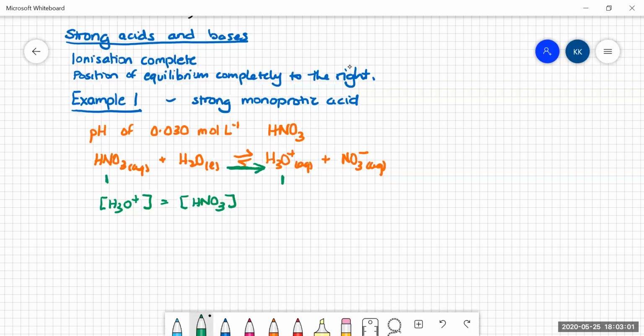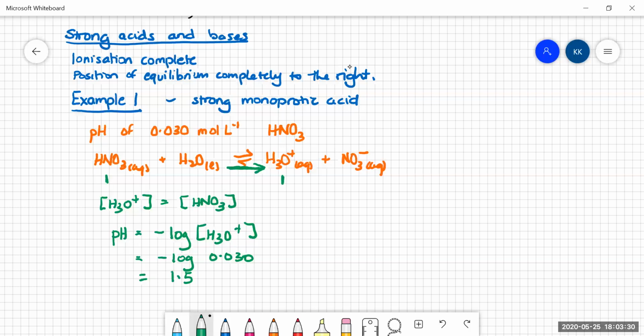They're very, very strong acids that we can make this assumption. That means when we calculate our pH by minus log concentration of H3O+, we just have the concentration of the acid. So this is 0.030, and if we run that through the calculator, we get a value of 1.5.